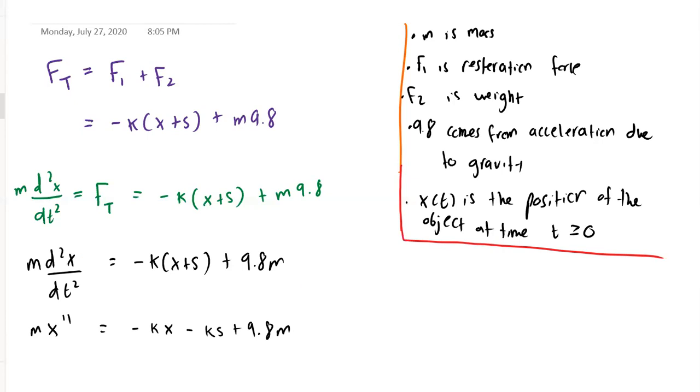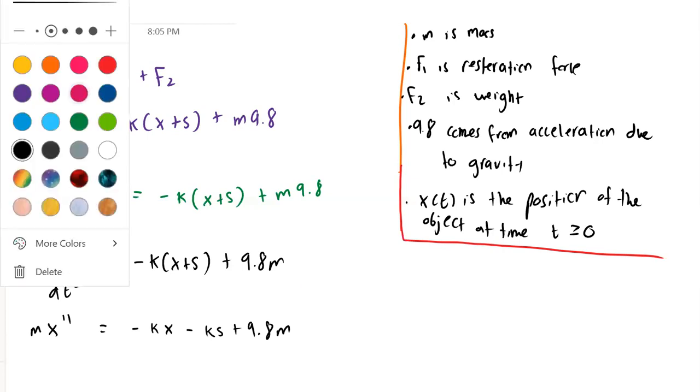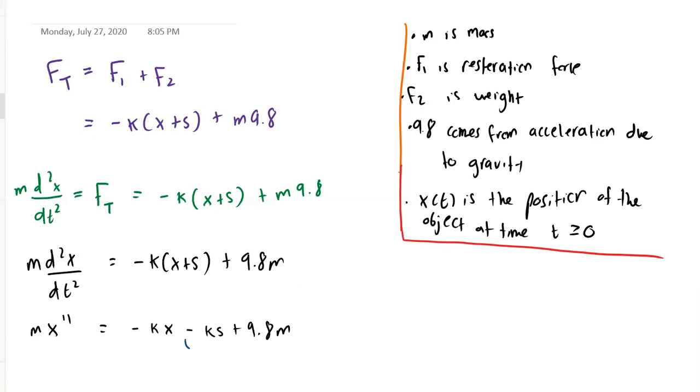Now, can you see here what we can simplify immediately? Well, let me give you a hint. Let me underline minus ks plus 9.8 m. We actually know what that is equal to.